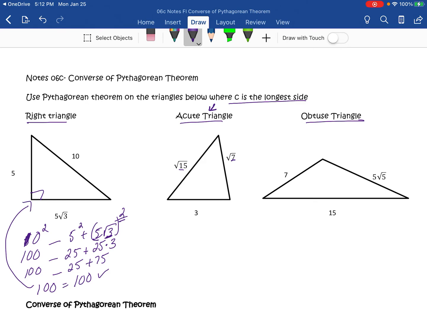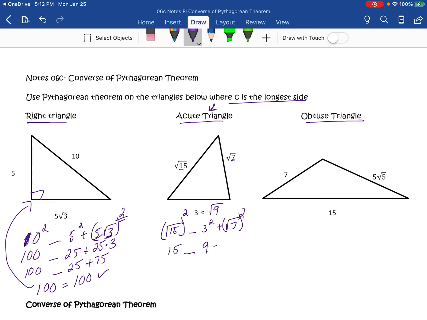We now look at our acute triangle. We determine what the longest side is. I convert my 3 into a radical; all I do is take my whole number and square it, if I didn't have a calculator, just to make sure. Sure enough, radical 15 is the longest side. So radical 15 squared is what to radical 3 squared plus radical 7 squared?